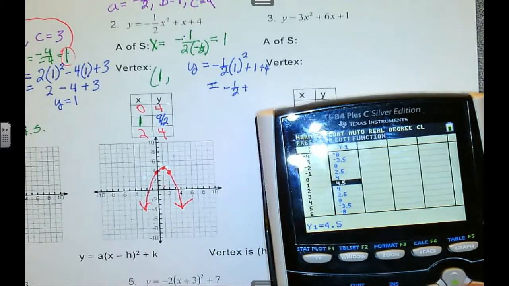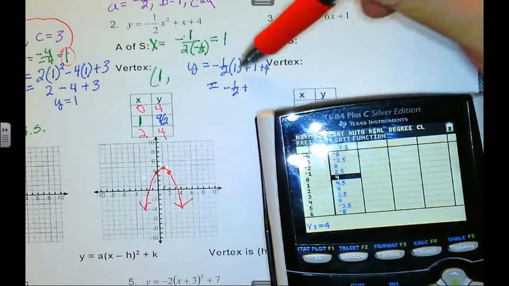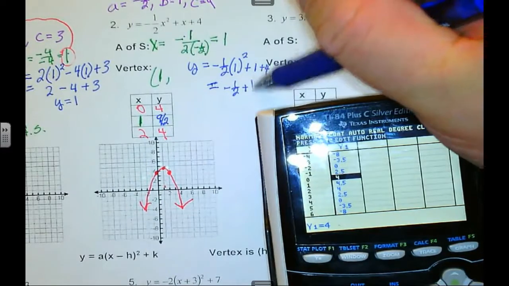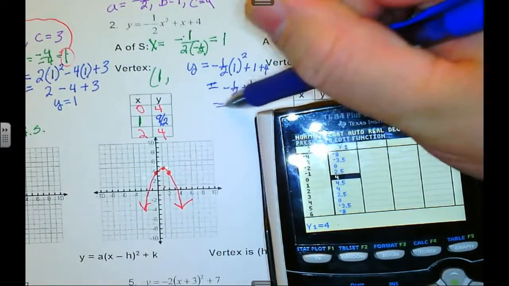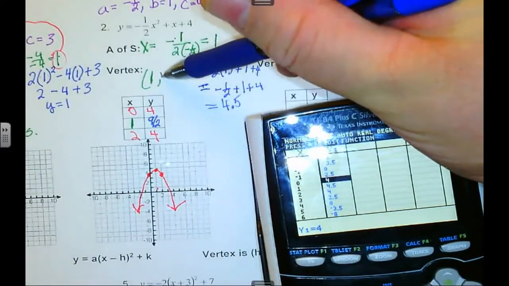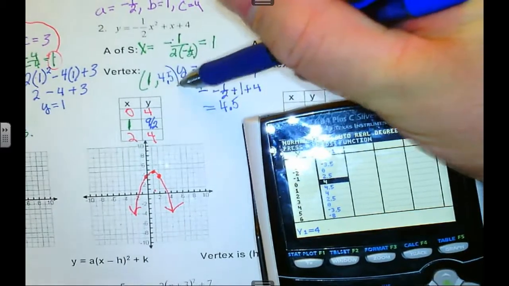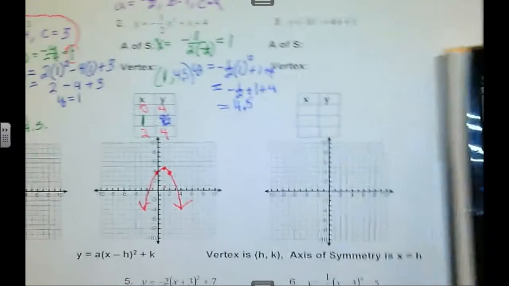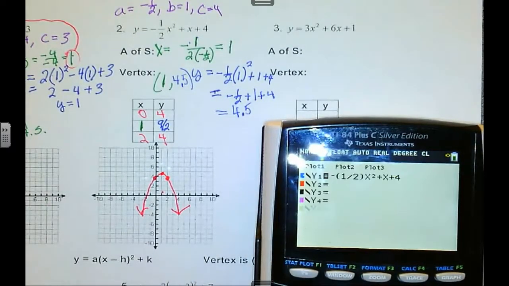Your vertex is 1, 4.5 because your y values are the same after that point. Okay? And even if you figure it out here, it still comes out to 4.5. That's my vertex. Okay? So somewhere you punched it in wrong, or did you use parentheses?